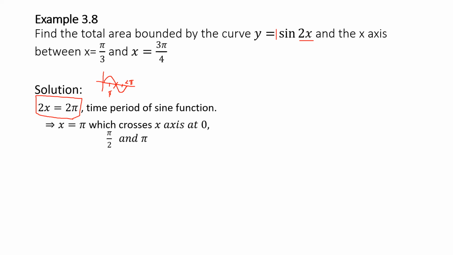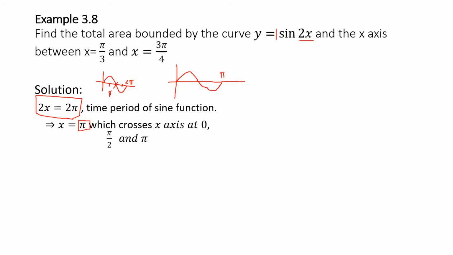Now the period of this sine 2x is pi, it means it will complete its one cycle in pi radian angle.